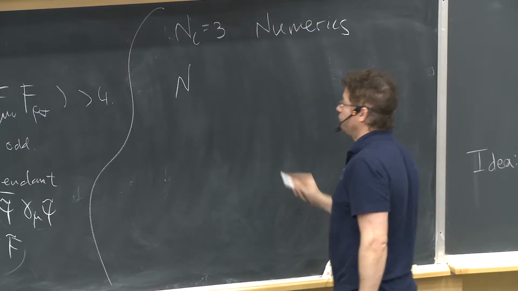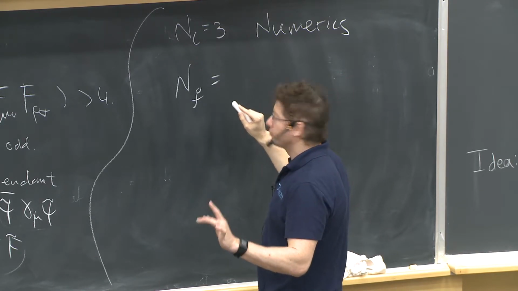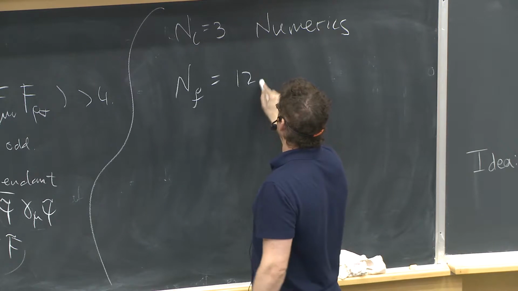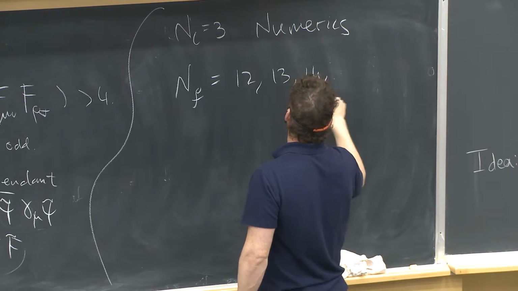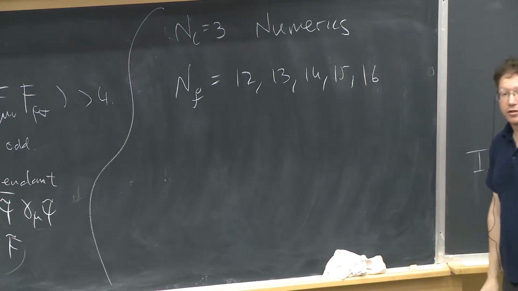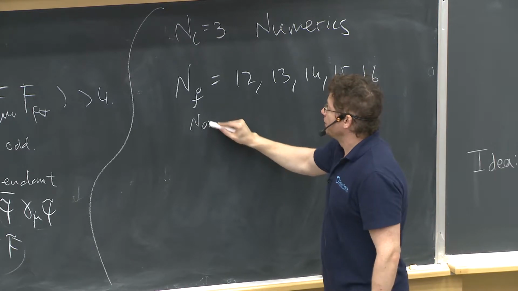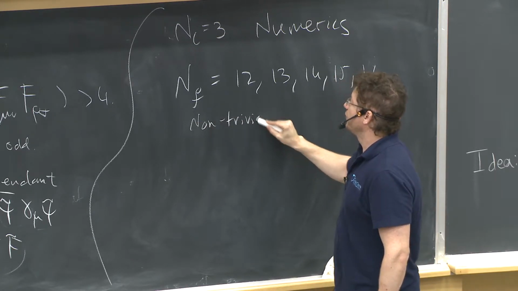This is lattice simulations. The whole community, as far as I can say, would agree that for the following values, there is an infrared fixed point, a non-trivial interacting infrared fixed point. That's what they would say, that they've established this with very little doubt.